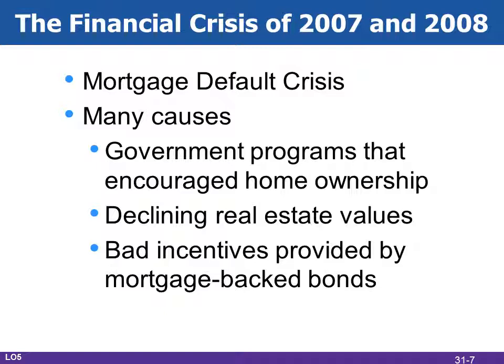Likewise, lending institutions were very lax in their standards of how they acquired information as to who actually qualified for loans. So if you think about it, those three parties collectively created the problem.